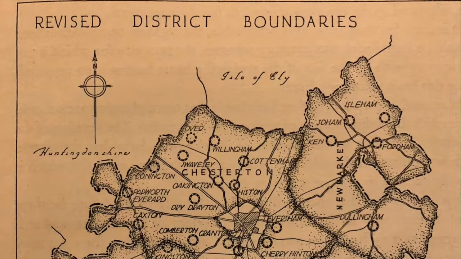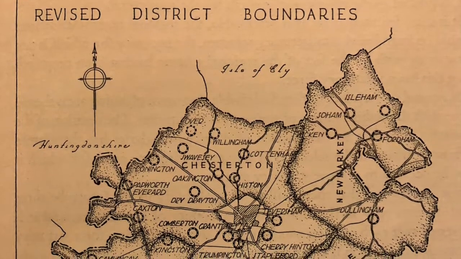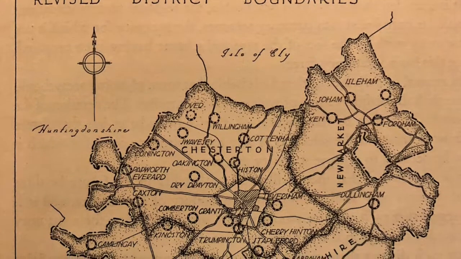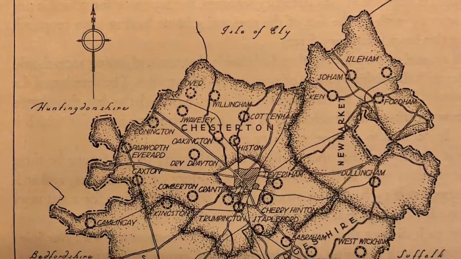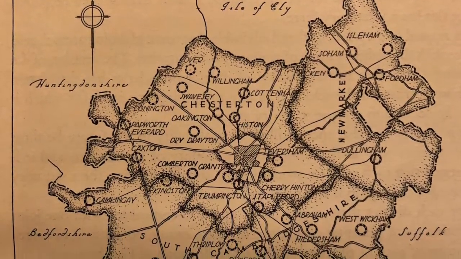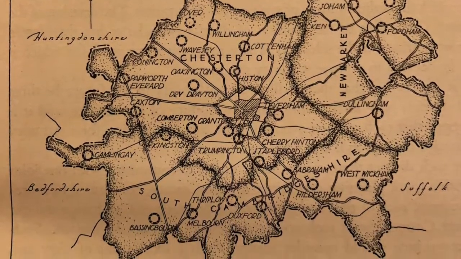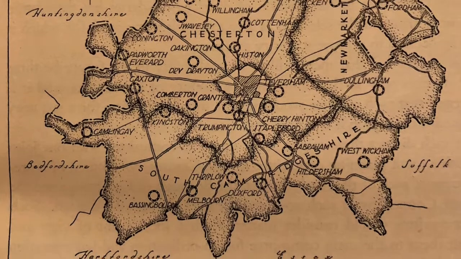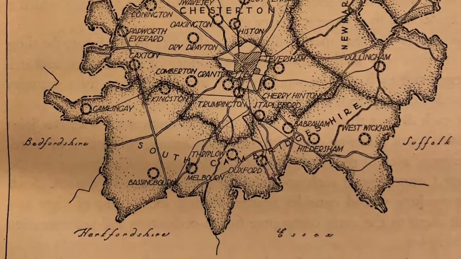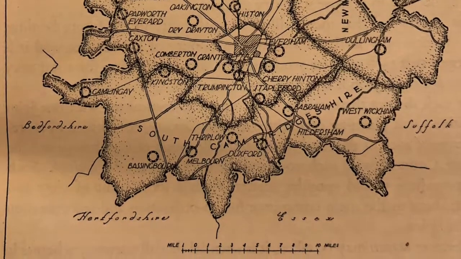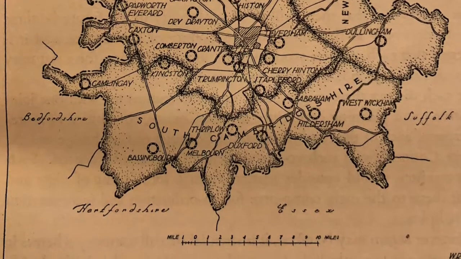Anyway, I'm going to finish here with this really interesting diagram, because one of the things that Davidge recommends is revising the district boundaries. Now, his proposal in effect was to create a group of local authority areas that were basically a merging of a whole host of others.